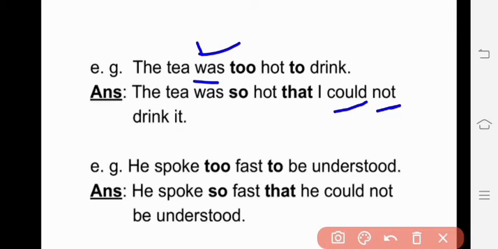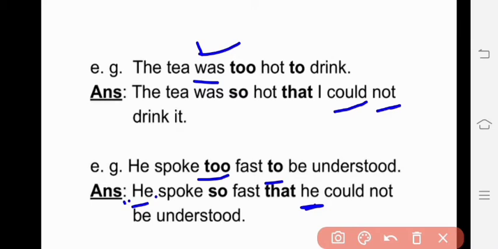Next one: he spoke too fast to be understood. Now "he spoke", the action is done by "he", the subject is given, so here after "that" you have to put the pronoun. He spoke so fast that he could not be understood.